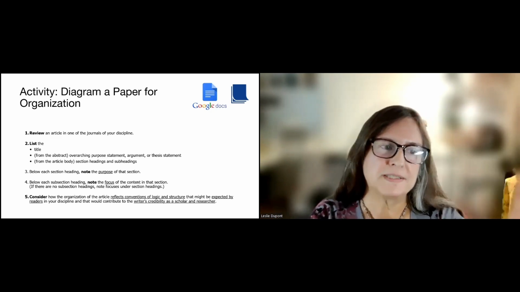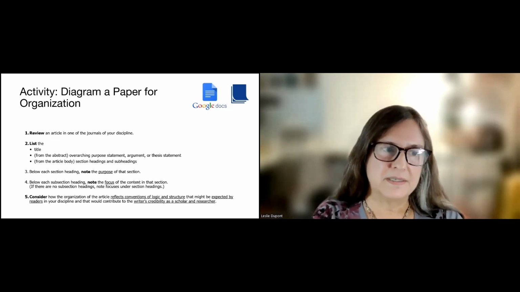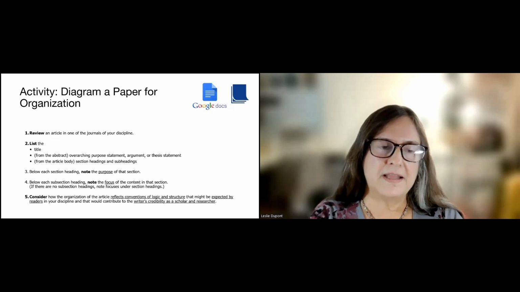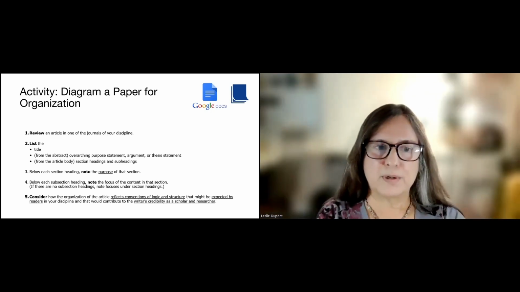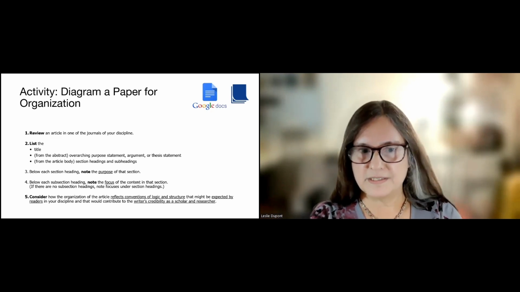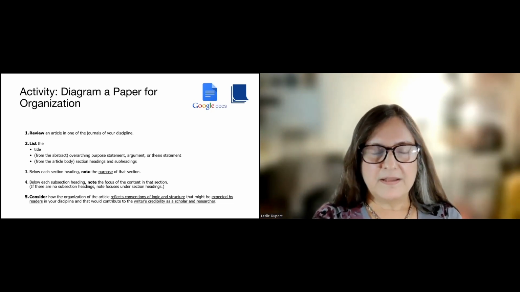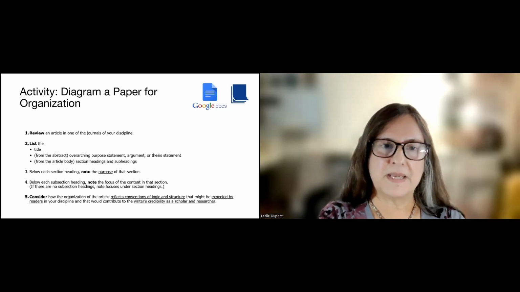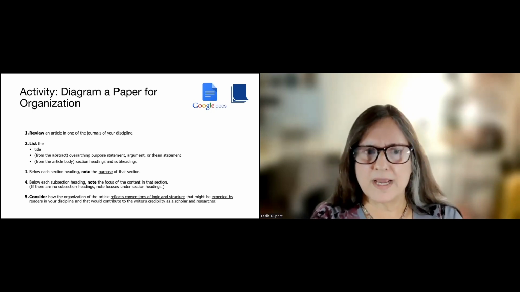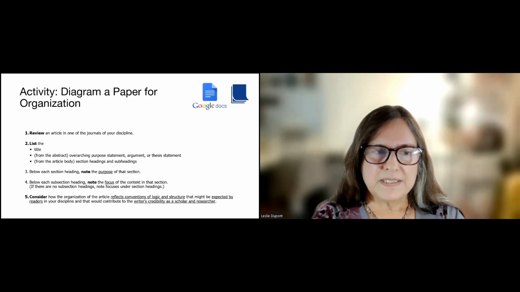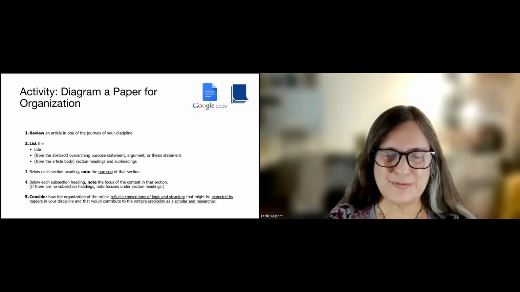But find a way to separate out and list the title, and then from the abstract, the overarching purpose statement, argument, or thesis statement, and then the section headings and subheadings from the body. Copying and pasting these into a blank document would be quicker than writing them out. But take a minute to just do that.